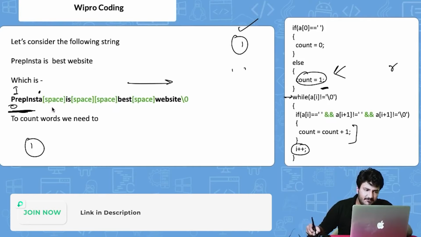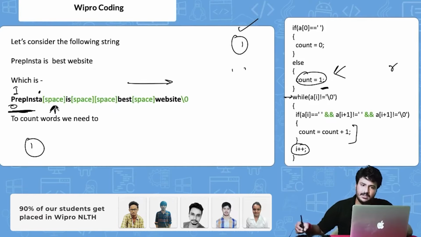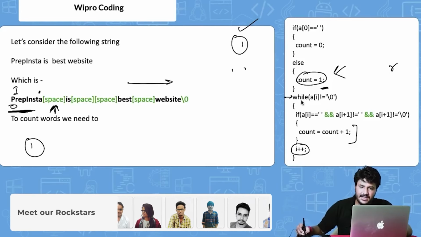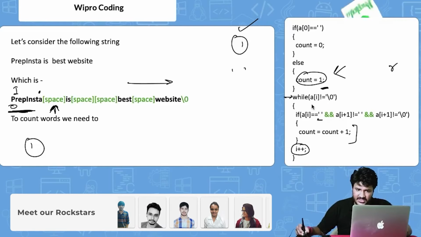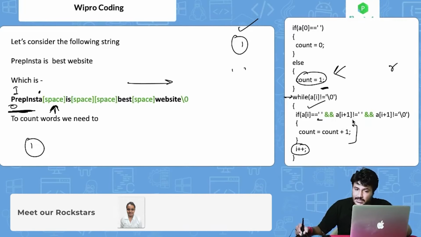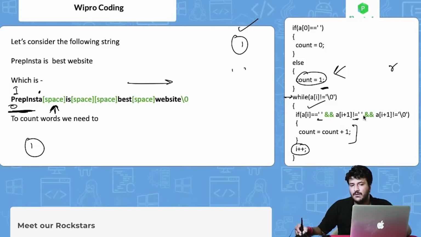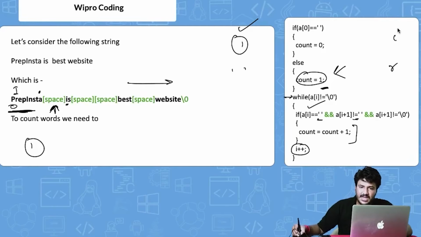Now what happens, we reach this space here. Now it is saying, if a of i is equal to blank space, obviously correct, this condition is satisfied. Now it is saying, a of i plus 1 is not equal to one more blank space. Now a of i plus 1 is this particular thing, that is I. Obviously it is not equal to a blank space, because the value is I here, right? So this condition is satisfied.